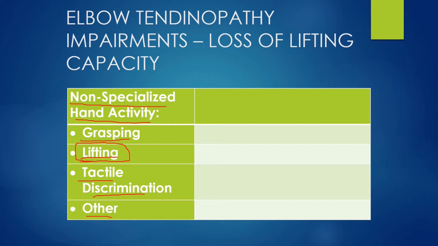Well, in examinees with lateral epicondylitis, they're going to be limited in their lifting activities because of weakness of the hands, because of weakness at the wrist, due to lateral epicondylitis. So we know that because these muscles are two-joint muscles, they involve actions at both the elbow and the wrist and the hand.